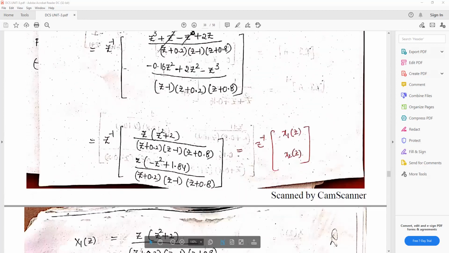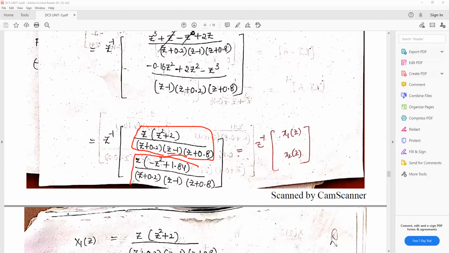After that simplification, we get two terms. The first term is z into z square plus 2 by z plus 0.2, z minus 1, z plus 0.8. The second term is z into z square plus 1.84 by z plus 0.2, z minus 1, z plus 0.8.